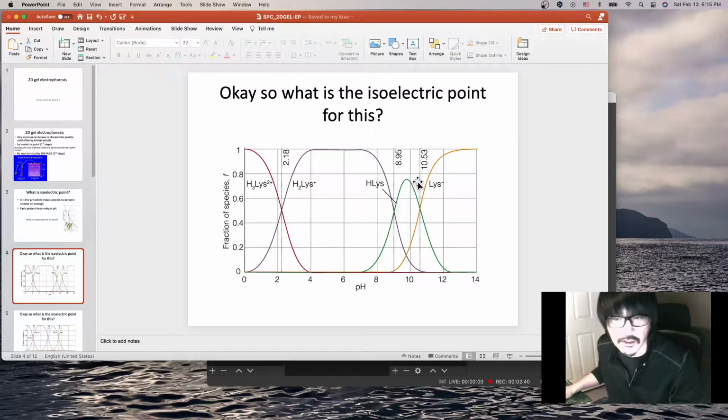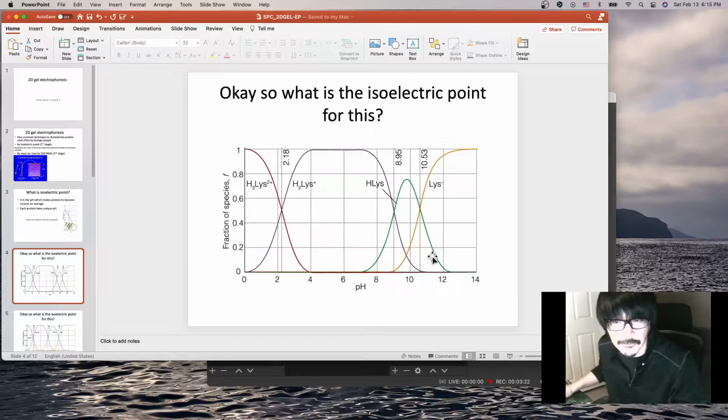When I say completely neutral, it's not really true. Some percent stays positive, some percent becomes negative, but let's look at this one right here. That curve is the population of the 2+ protein, that curve corresponds to the one positive charge, and the green one represents the population of the neutral proteins, and that one is the negative, and of course the x-axis is the pH.